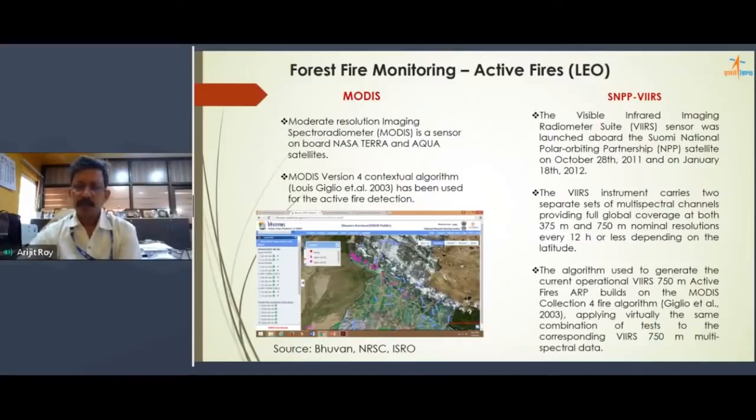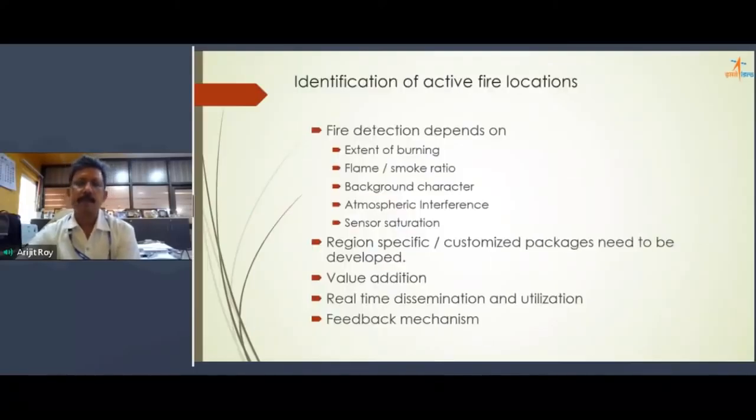And presently, the National Remote Sensing Centre is operationally producing the active fire information, which is then transferred to the Forest Survey of India, which provides value additions in the form of overlaying forest boundaries over it, and then sending it to the concerned officials.